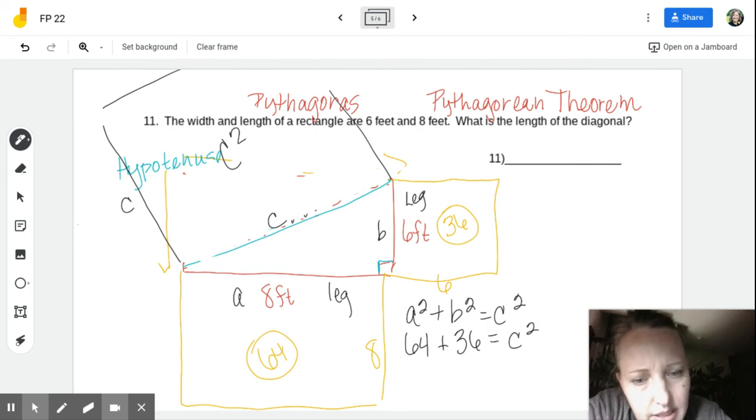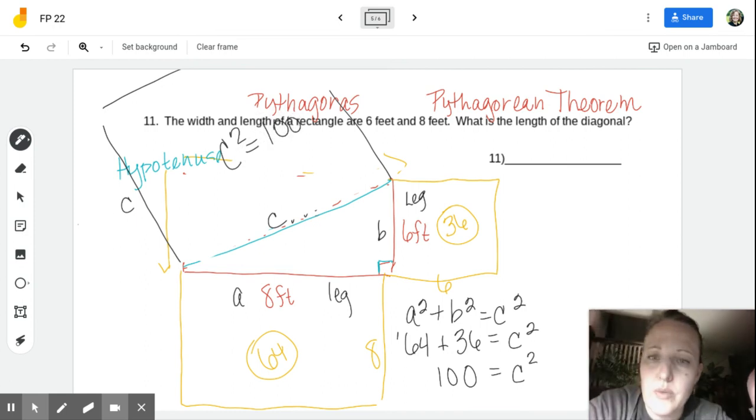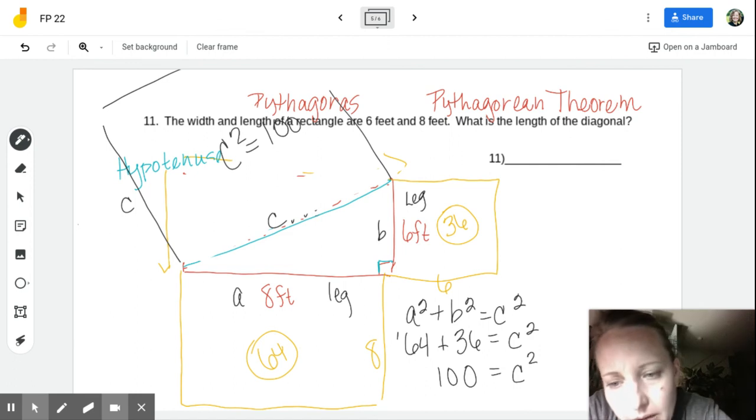So let's add those together. 6 plus 4 is 10. 100 is equal to C squared. So the area of this square, if I can imagine one, would be 100. I want to just find what C is, right?